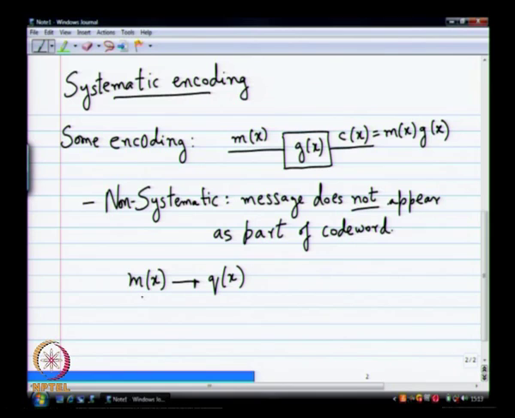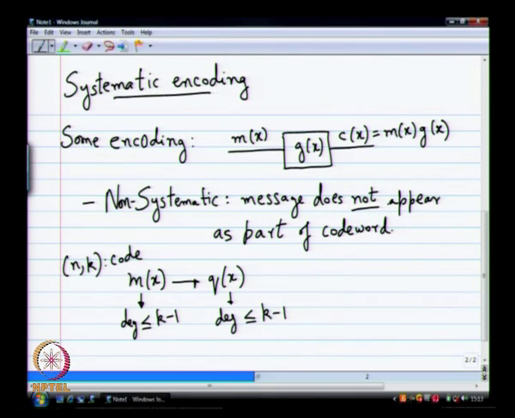So remember, this is m of x. If you have an n comma k code, this is a degree less than or equal to k minus 1 polynomial. Q of x is also, let us say, a degree less than or equal to k minus 1. So this will be a one-to-one mapping.